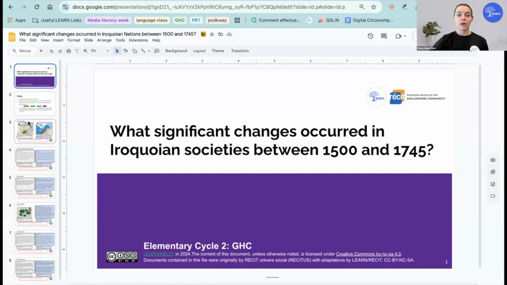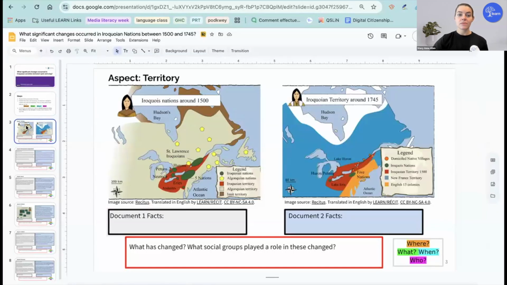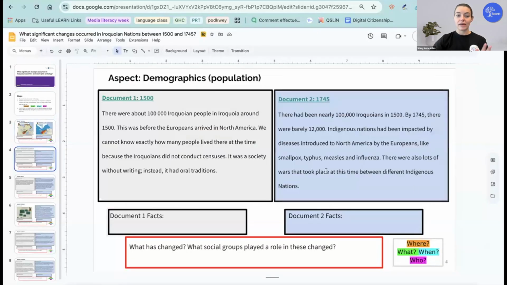The Competency 2 and Competency 3 slide decks are very similar. You'll see they each contain about 8 slides, and each slide has one document for each society, as I mentioned. So students can distinguish or identify facts from each of the two documents. And then again, at the bottom, talk about what changes, what is different or the same, if they're able to do that between the two documents.